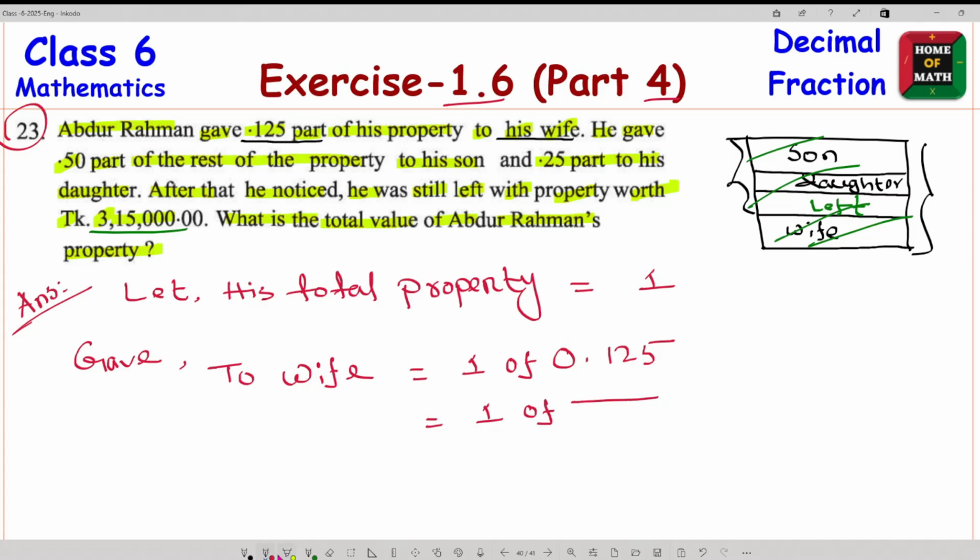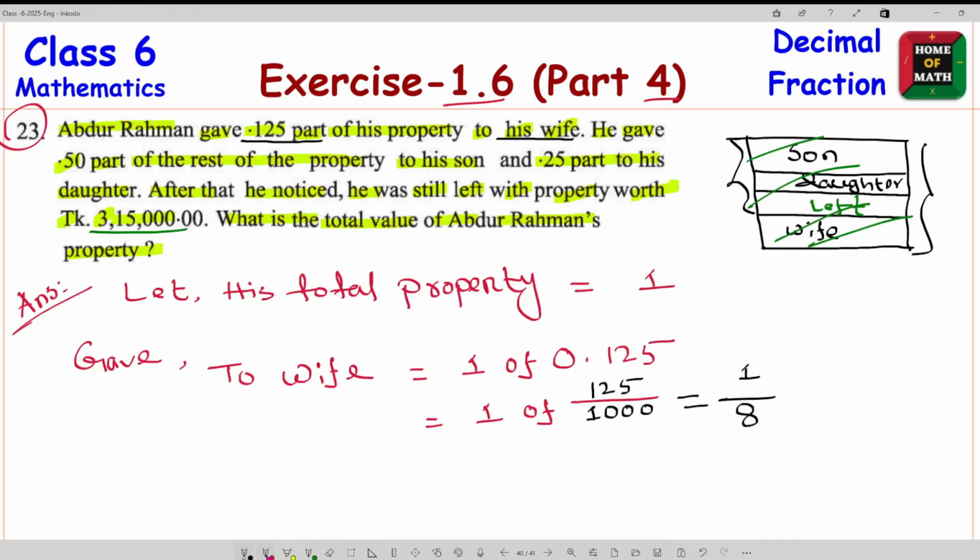This is a fraction, we can write it like 125 over 1000, since against the decimal's 3 digits we use three zeros. So here the answer will be 1 by 8, because we can divide numerator and denominator by 125, so we get 1 by 8.